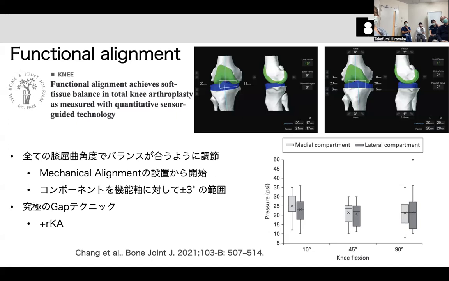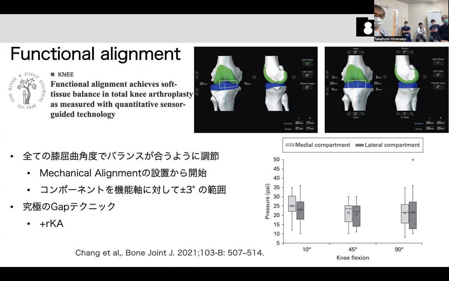They can calculate. Then, after the operation, we remove osteophytes and get the laxity in both the medial and lateral sides. Then on the computer, we can manipulate the valgus and varus and the flexion and extension angle.